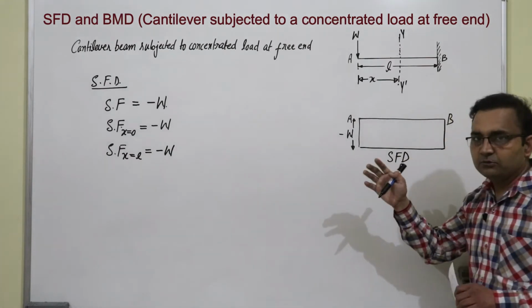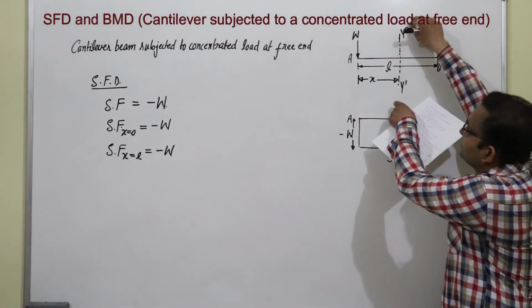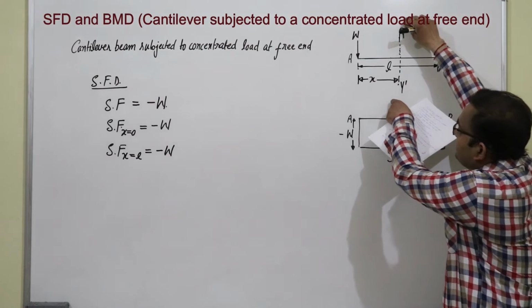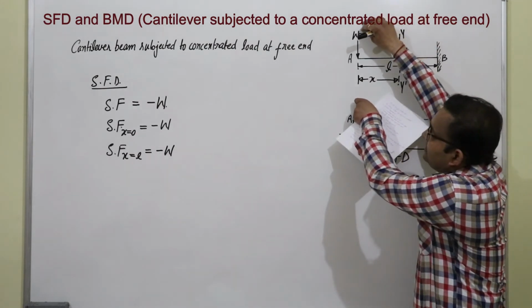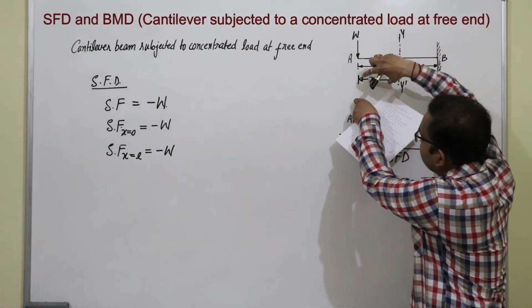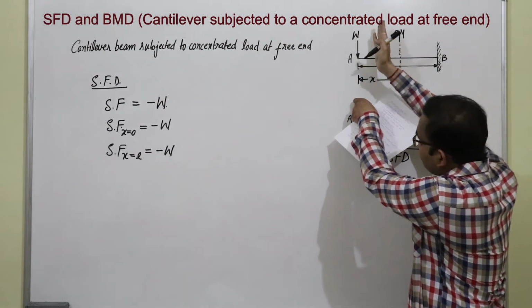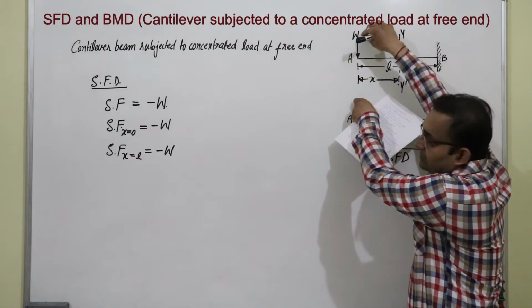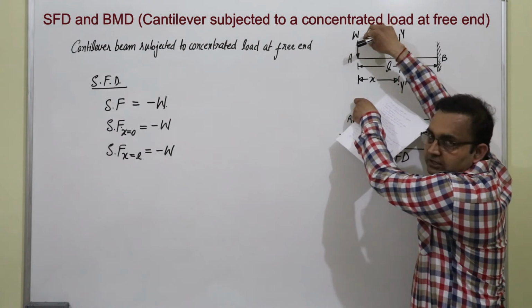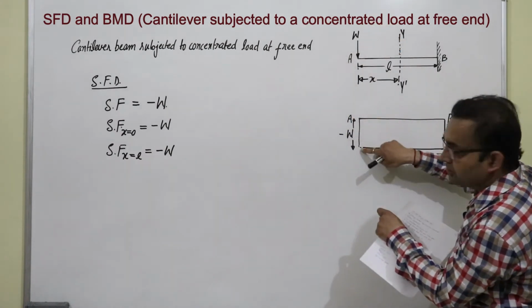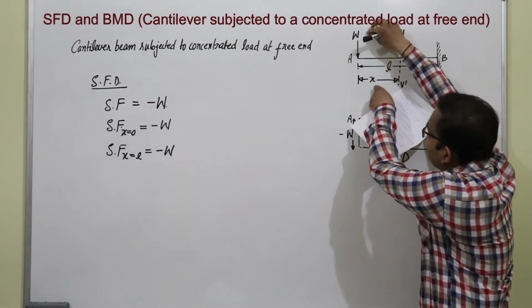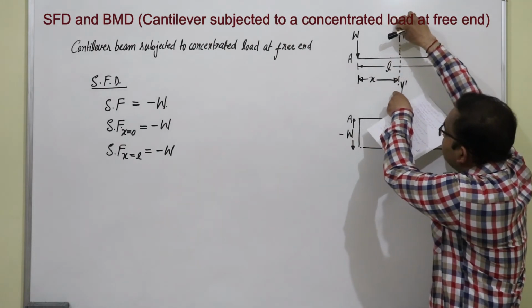Okay, we will see once more. This is a section, and if we slide this section to this side, x will reduce, and at the left of this section, what is the force? W, which is downward. Now, I am sliding this section to this side.